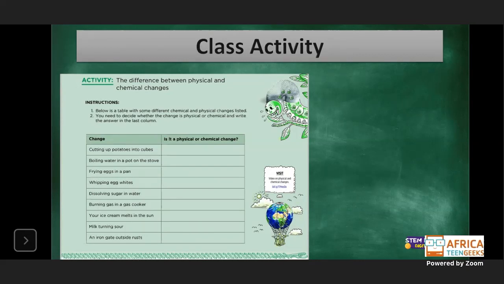Instructions: below is a table with some different chemical and physical changes listed. You need to decide whether the change is physical or chemical and write the answer in the last column. So you guys are just going to use the group chat to send through your answers. I would request that the settings that you put on the group chat do not send it to me personally. Let it be to everyone, all right? Send the answer to everyone.